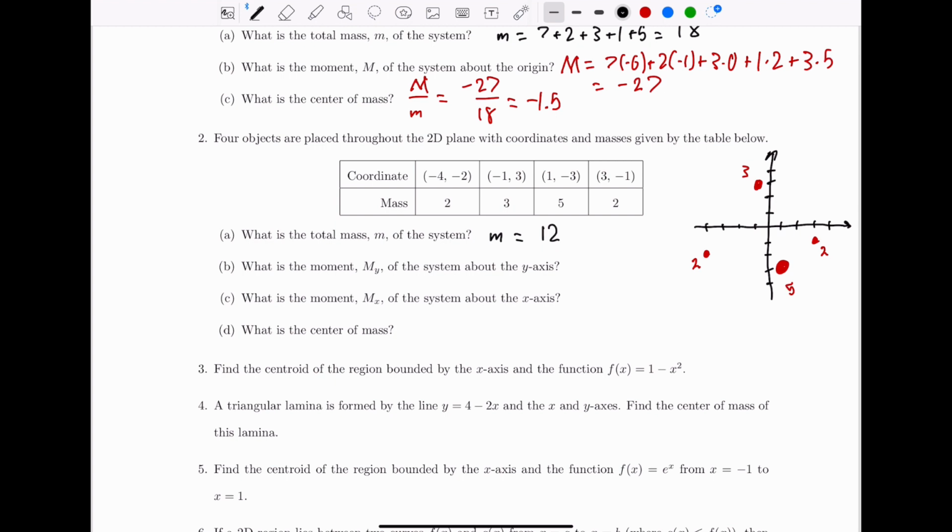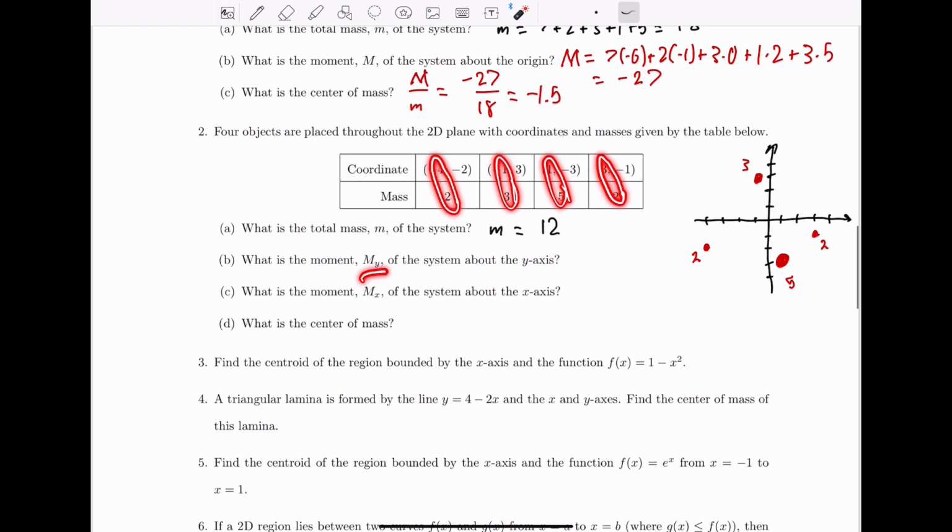To find the moment about the y-axis, we take the mass values and multiply by the x coordinates. So we will take 2 times -4, 3 times -1, 5 times 1, 2 times 3. We're using the x coordinates to find the moment about the y-axis. This is not a typo.